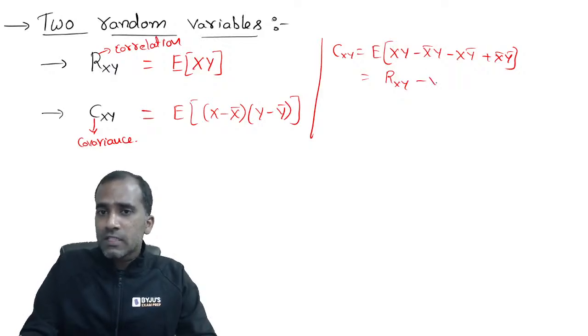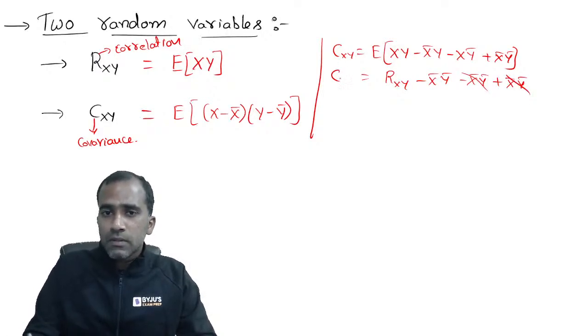The last term is already a constant; if you apply expectation, it will be the same. We cancel it. So what we got is the relation between Cxy, covariance, and correlation, this is the relation.